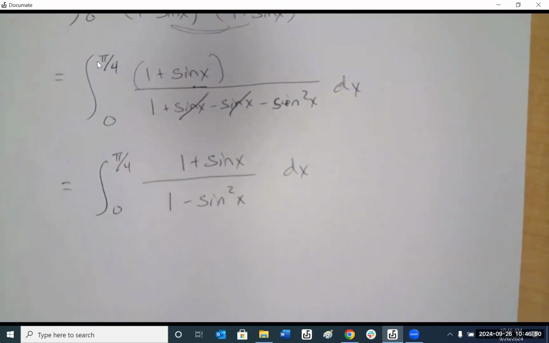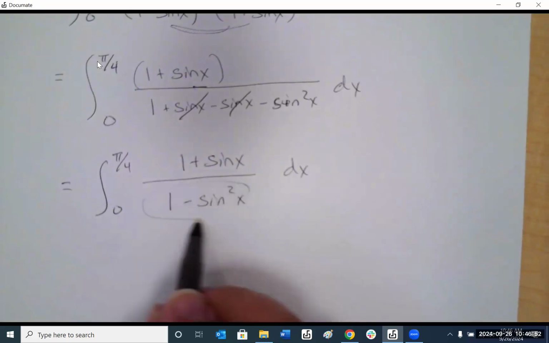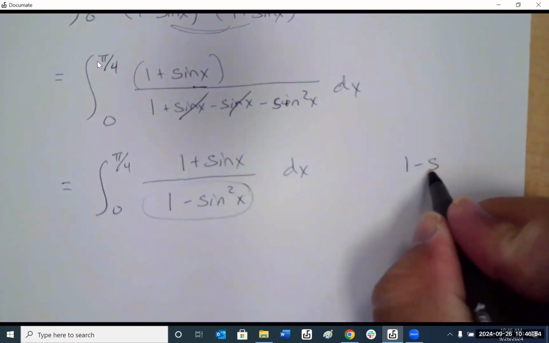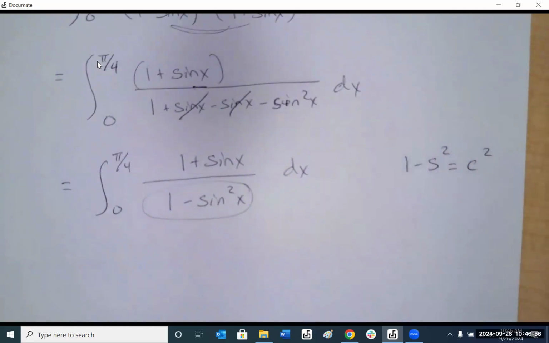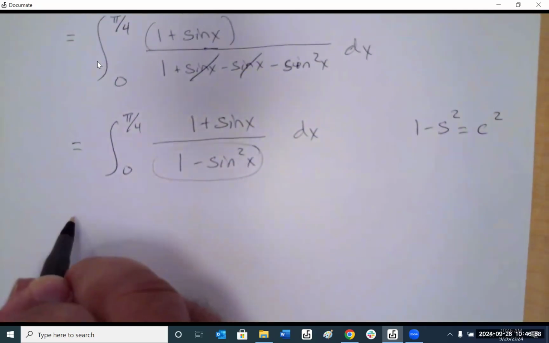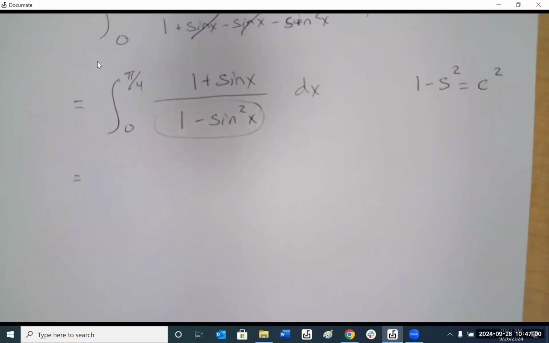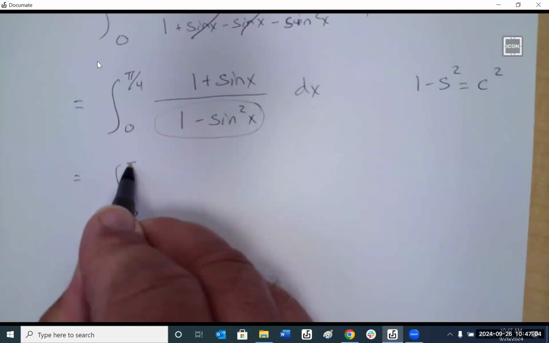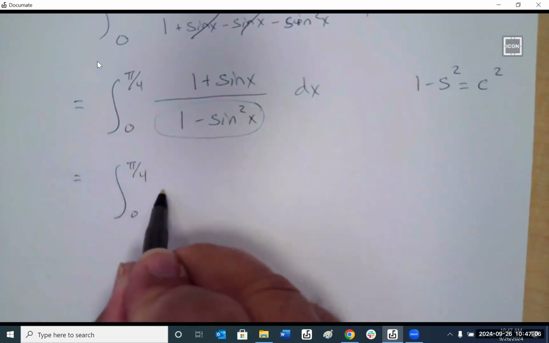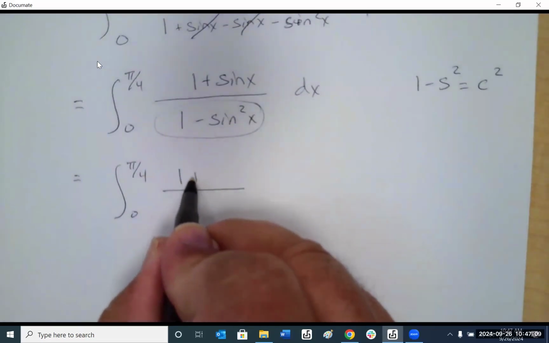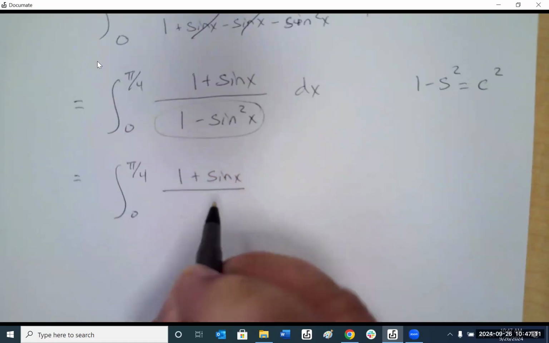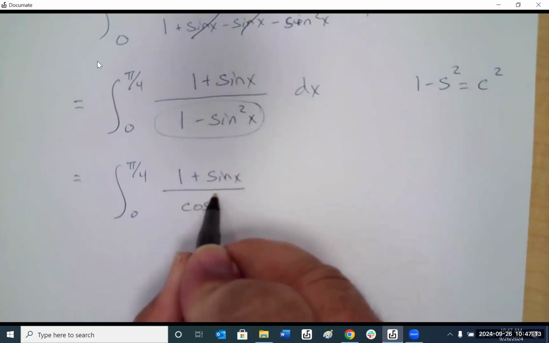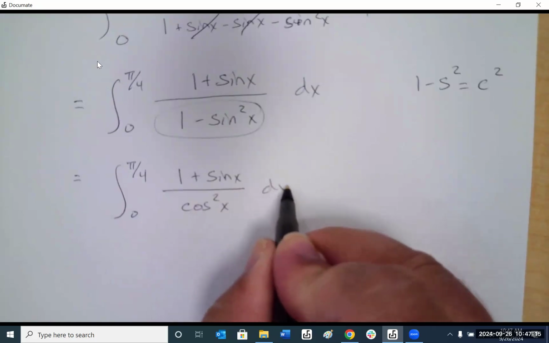Now do we have an identity? Now this 1 minus sine squared becomes cosine squared. We have 1 plus sine x over cosine squared x dx.